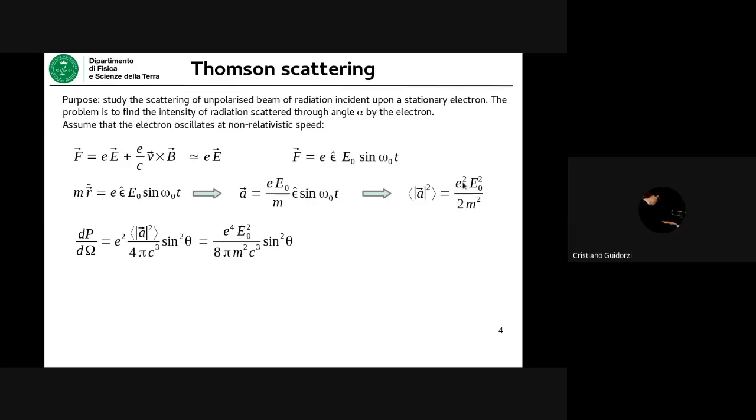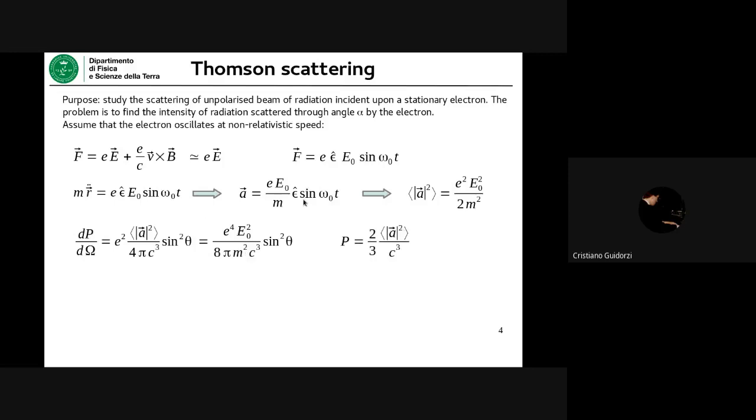So e fourth, e squared. Okay, here there must be e fourth. Here there's a typo. It is e0 fourth, of course, over 4 m cubed squared, and yes, also here there must be m to the fourth power.